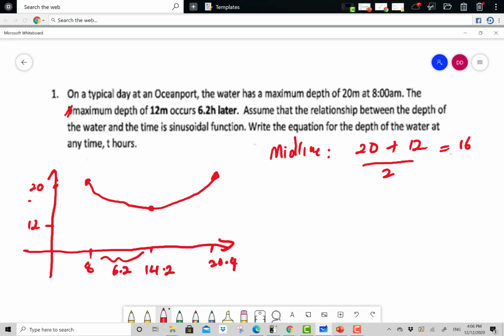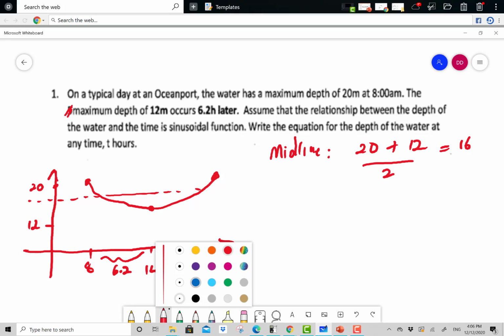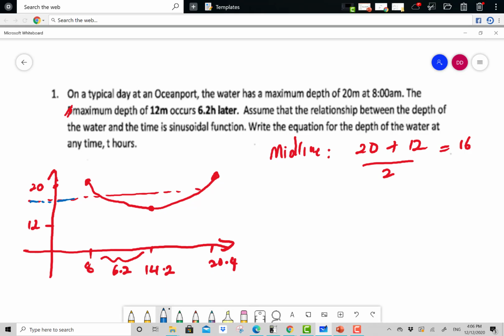So if I do my little rough sketch, let me use a different color. Let me use blue. I do my little rough sketch coming right across. This here is my midline. That's going to be at 16. So that's going to be my midline. I need to figure out now my amplitude.